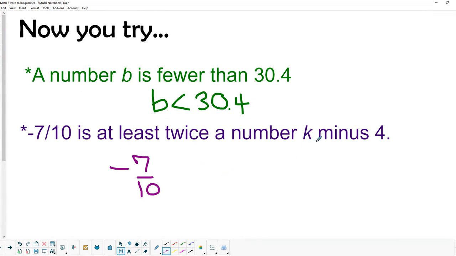So we got to get this other one, at least twice a number k minus 4. And then when it says it is at least twice a number, that means it is greater than or equal to this number, right? So it is at least twice this. So that's kind of interesting wording. Hopefully most of them are not worded quite so difficultly, but you just need to be aware, however it's worded, we want you to be able to figure it out.